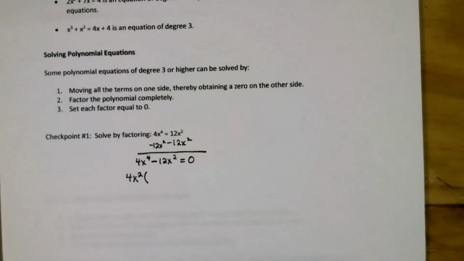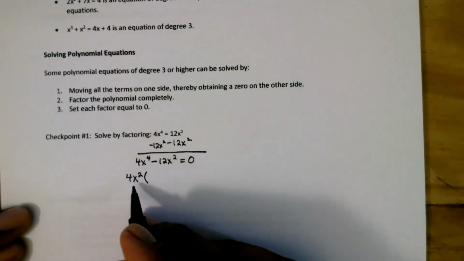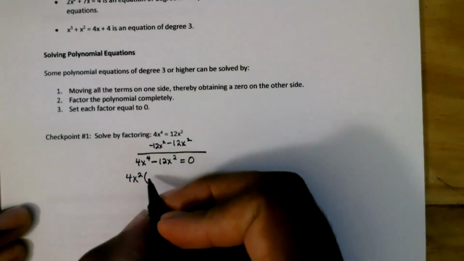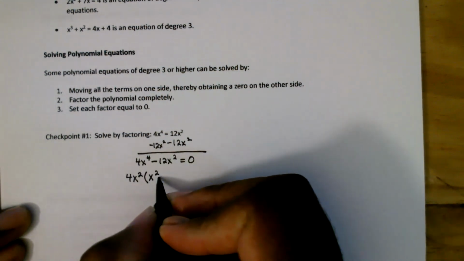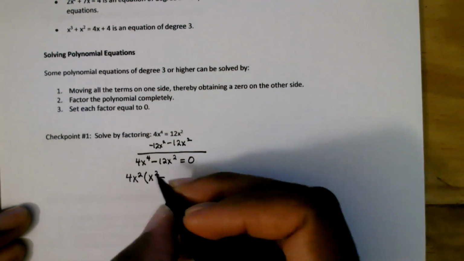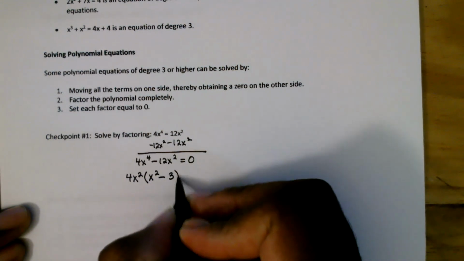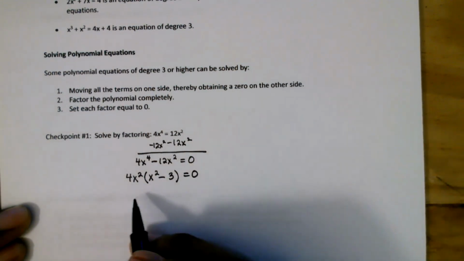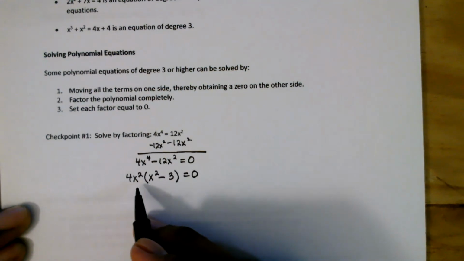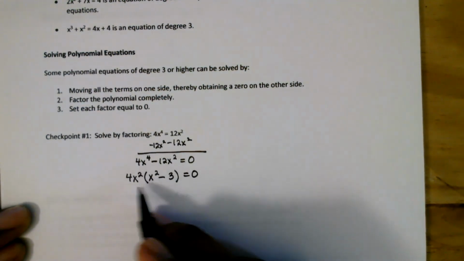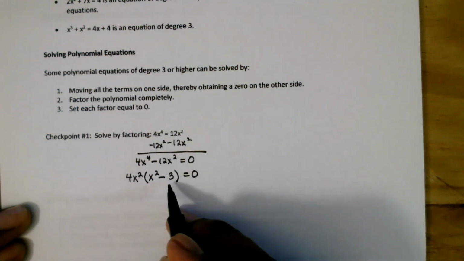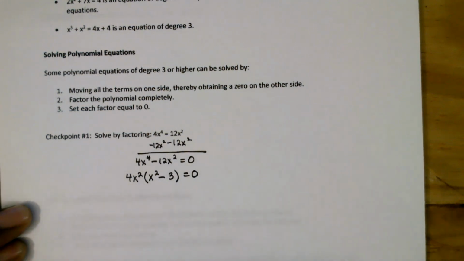And then to get what's inside, we'll do 4x to the 4th divided by 4x squared, which will be x squared, minus 12x squared divided by 4x squared. That'd be 3. And to check, you can just use the distributive property to see if you did it correctly. 4x squared times x squared will be 4x to the 4th, minus 4x squared times 3 will be minus 12x squared.